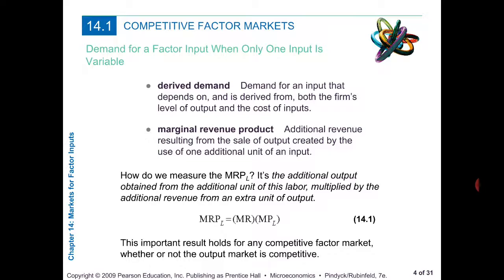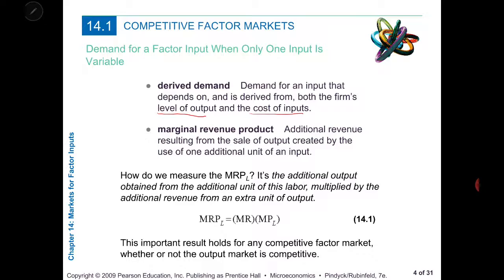Now first we need to understand that demand for an input depends on the firm's level of output and the cost of inputs. Okay, two things. For instance, you have a factory and one of your inputs is labor working in that factory.